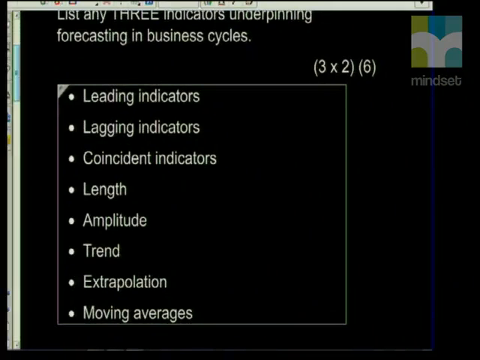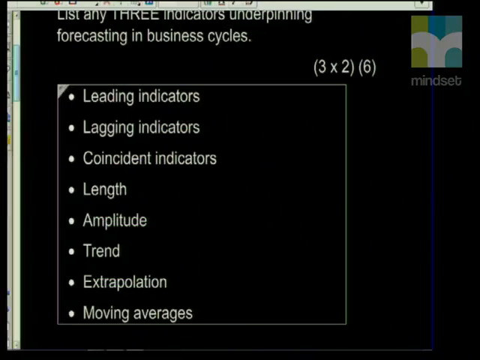I don't want to say much about the others, such as trend, extrapolation and moving averages, as some textbooks put it like that. But the three indicators that are well known are leading indicators, lagging indicators, and coincident indicators, the leading indicators being the indicators that happen before the business cycle kicks off.